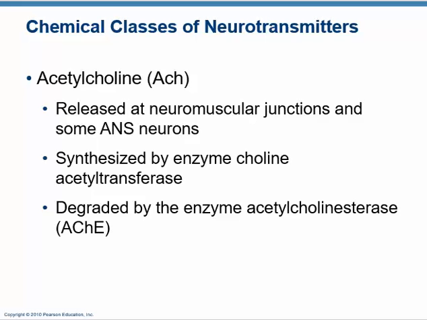We've already talked about it in muscles. It's the neuromuscular junction, and it is some autonomic nervous system ones. It's synthesized in the presynaptic axon, and it's degraded in the cleft by acetylcholine esterase.